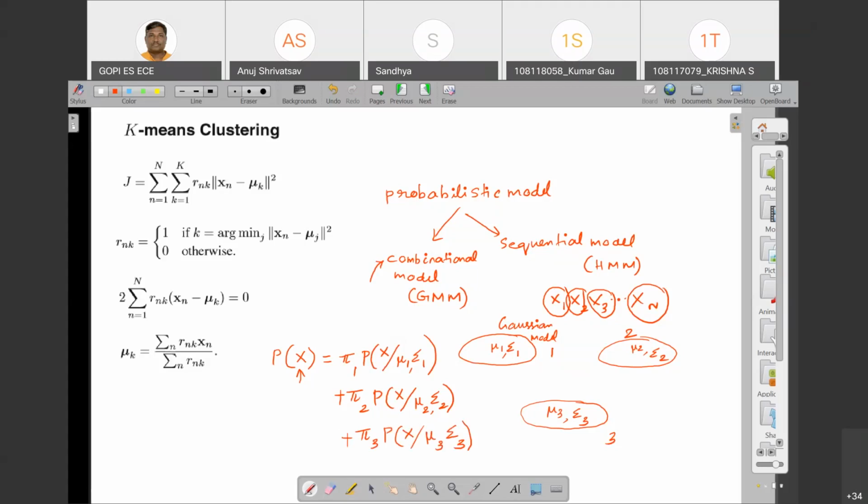This is what we say is combining three Gaussians, Gaussian mixtures.